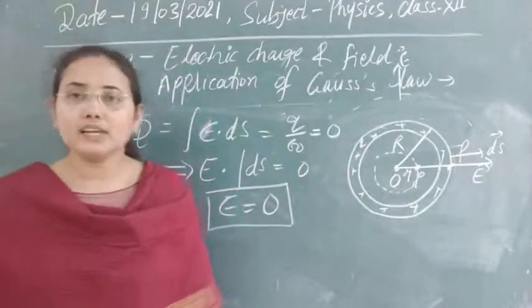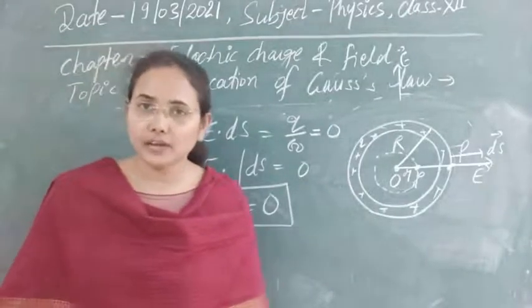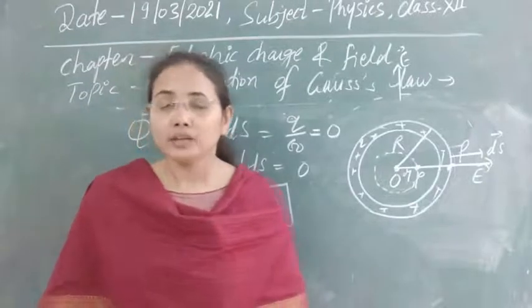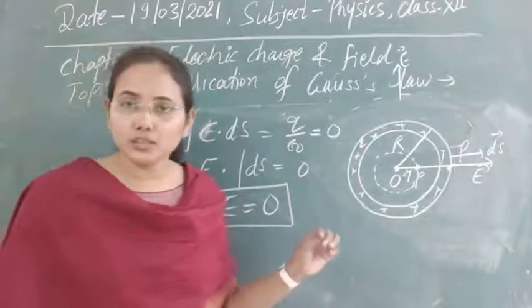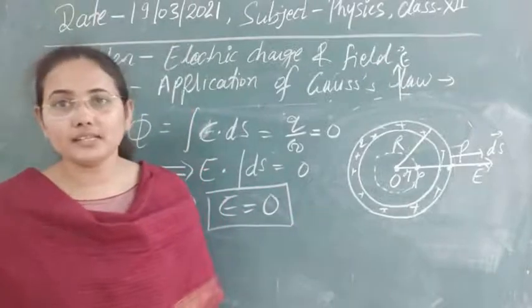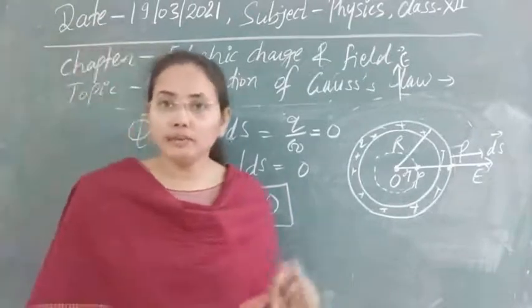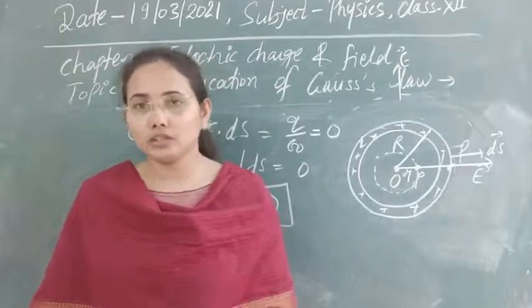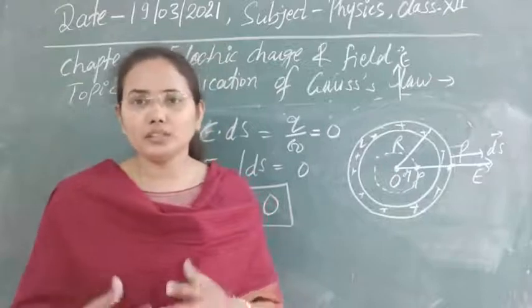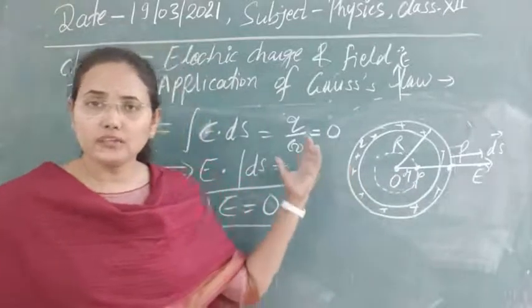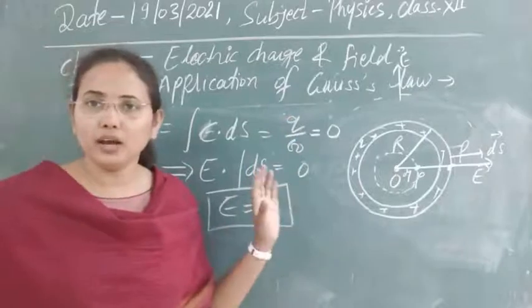So basically, the 3 points that we have discussed in the case of a spherical cell, we can calculate the electric field by using Gauss law of electrostatics easily. Here the only problem is how we draw the Gaussian surface. If you have that knowledge, then you will be able to solve it, because after that you only have to use the formula.